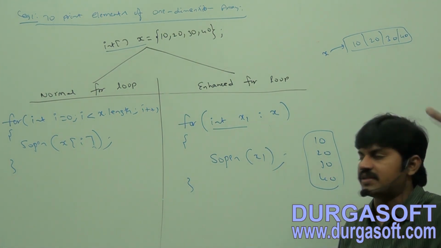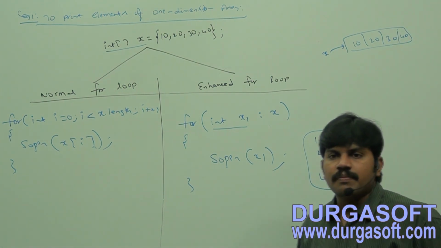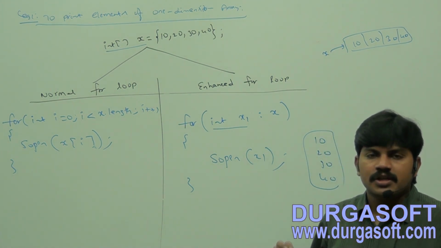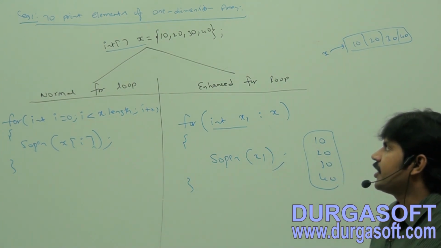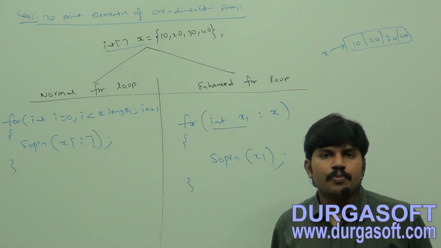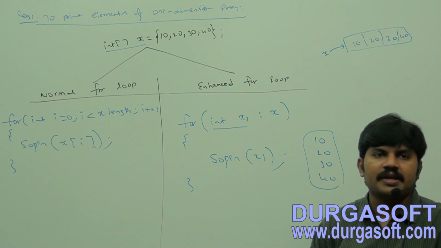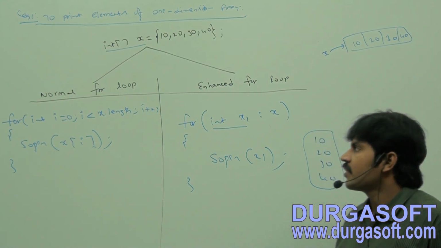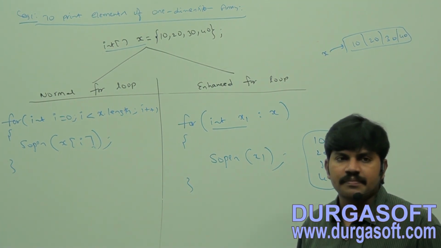Example 1: to print elements of a one-dimensional array.